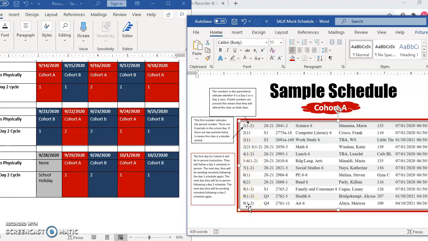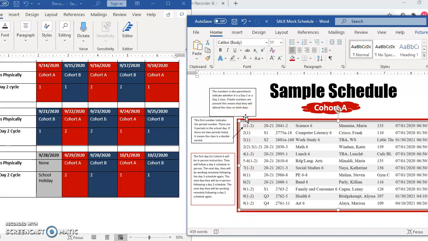The next day, cohort A, you're going to be working remotely. And again, you're following that same day one schedule, but you're working remotely, whether you're at home or, if you're in sixth grade and you choose to be in the auditorium, you might be there. You're working online, following a day one schedule.